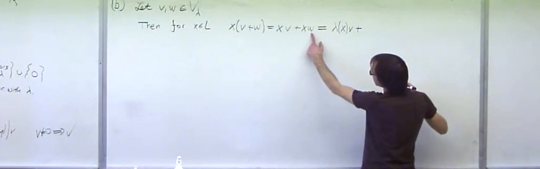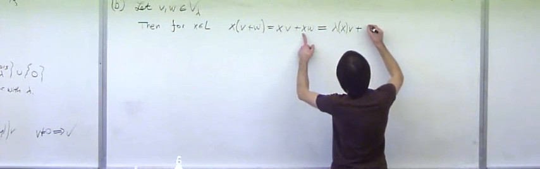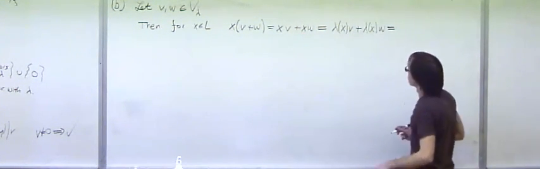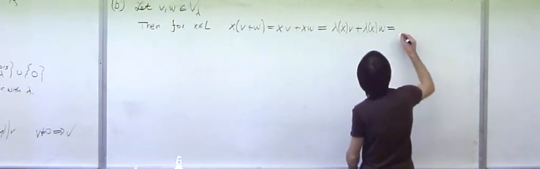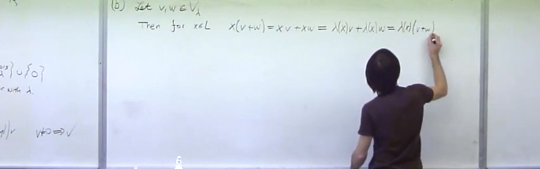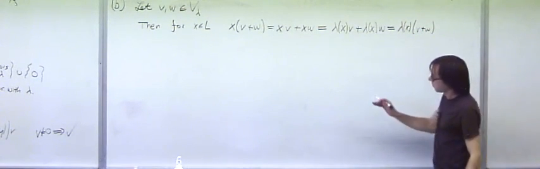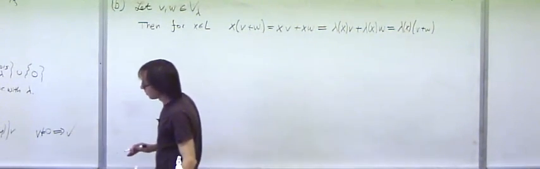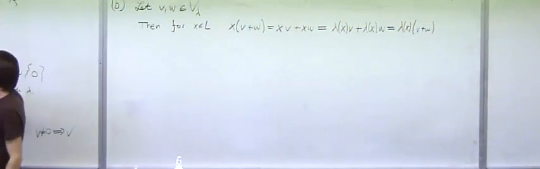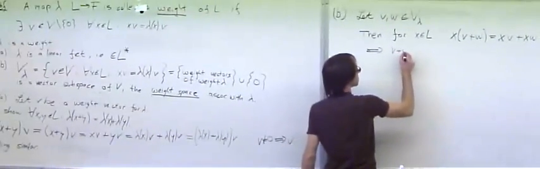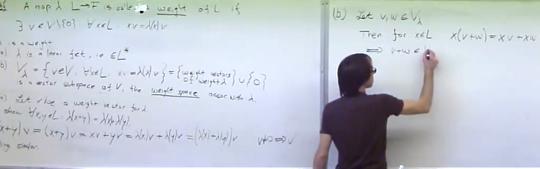W is contained in V lambda. X acts on w just by scaling with lambda of x. So this is lambda of x times v plus w. So I've shown that v plus w fulfills this property defining elements of V lambda. So v plus w is in V lambda.